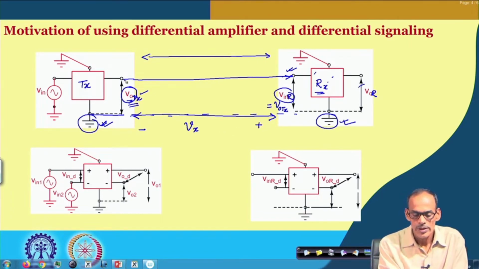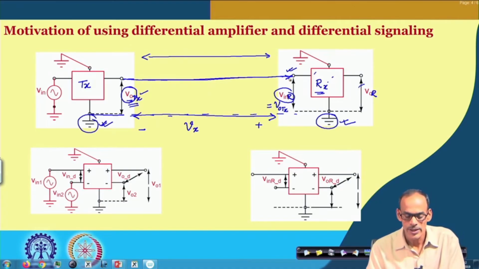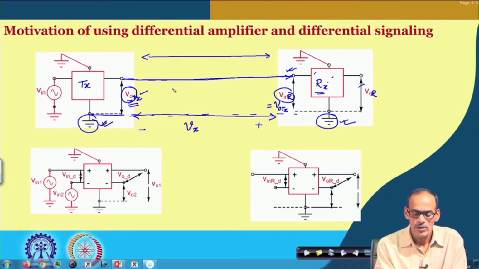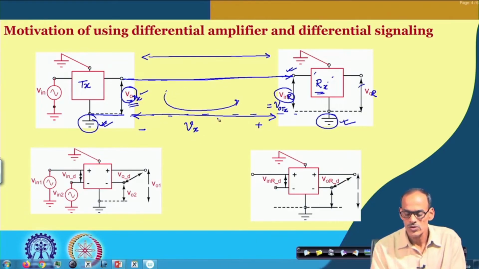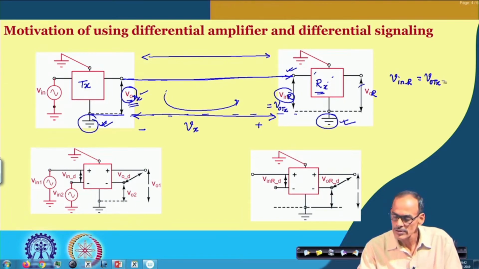Now, if I consider this line, it is directly carrying the signal, and if I consider KVL through this loop, either this way or this way, we can say that V in R equals V in, or VO transmitter T x, minus this V x.